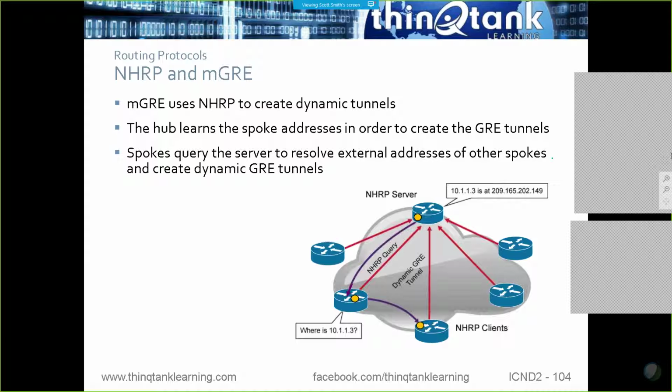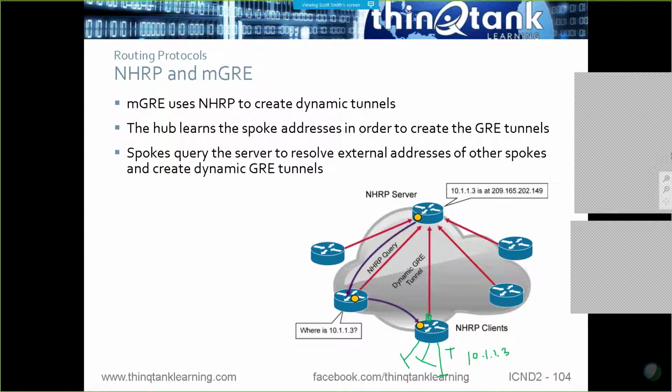Here's what's happening, guys. I know it's hard to visualize. Let's say this guy has a tunnel interface and he's got a physical interface. This tunnel interface is 10.1.1.3. Now behind the router, I have a bunch of private networks.